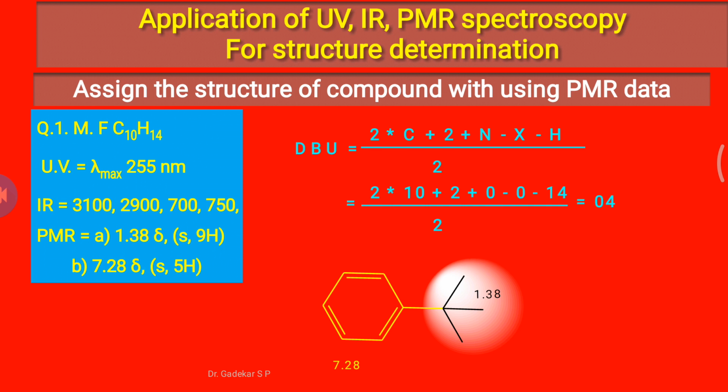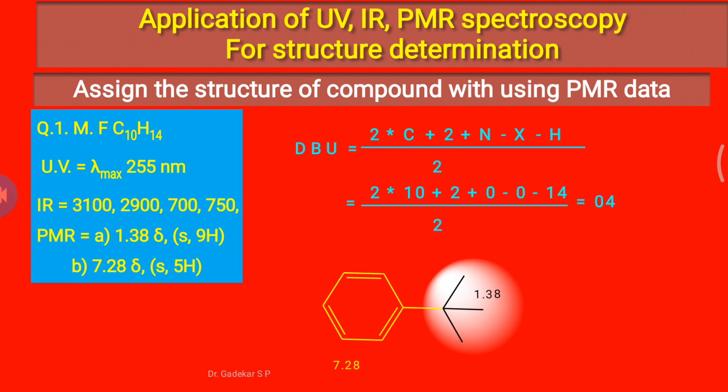Now the PMR signals. Here two signals are observed, A and B. A indicates the presence of a saturated hydrocarbon. The 1.38 delta corresponds to the CH3 group, attached to carbon, so there are no neighboring protons.